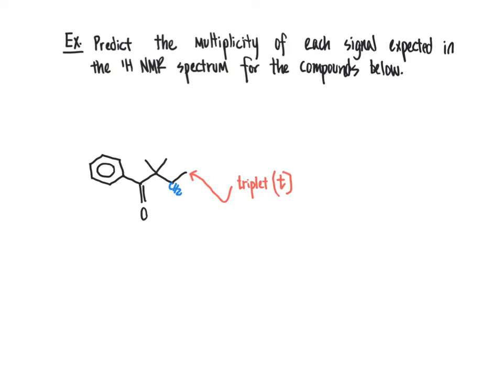We then come on over to our next protons in the chain, this CH2 group. We already mentioned that we would expect these two hydrogens to be chemically equivalent. Due to the free rotation around the carbon-carbon bonds in this acyclic molecule, they would experience the exact same magnetic field strength, and as a result they behave as a single unit.